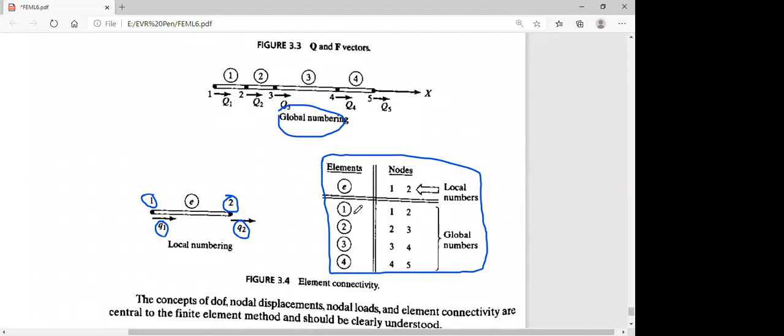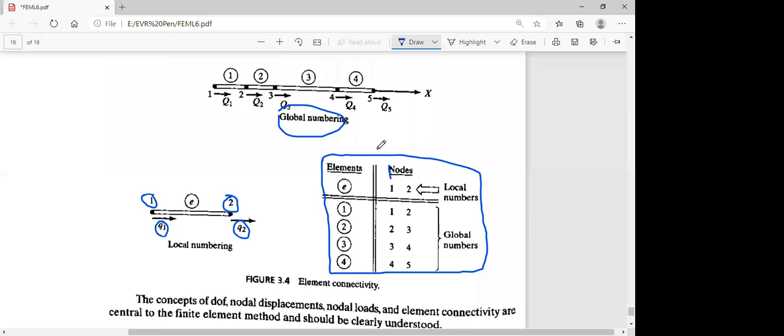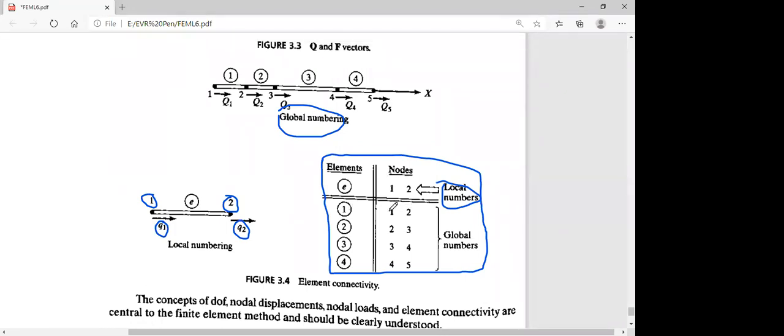For element 1, the global node numbers are 1 and 2, so for element 1 the local node numbers and global node numbers are the same.